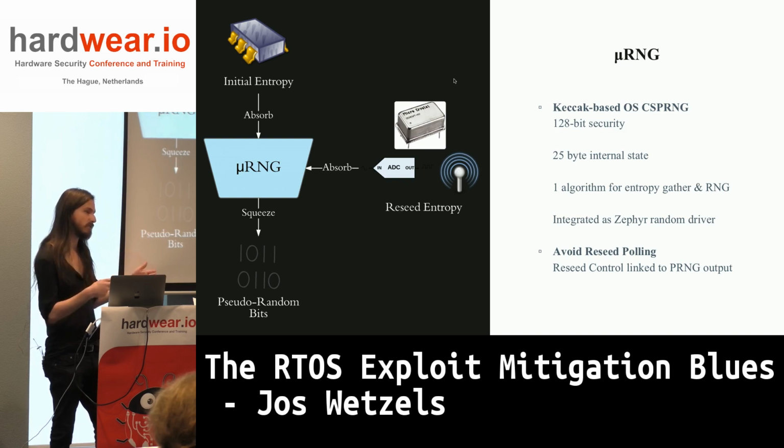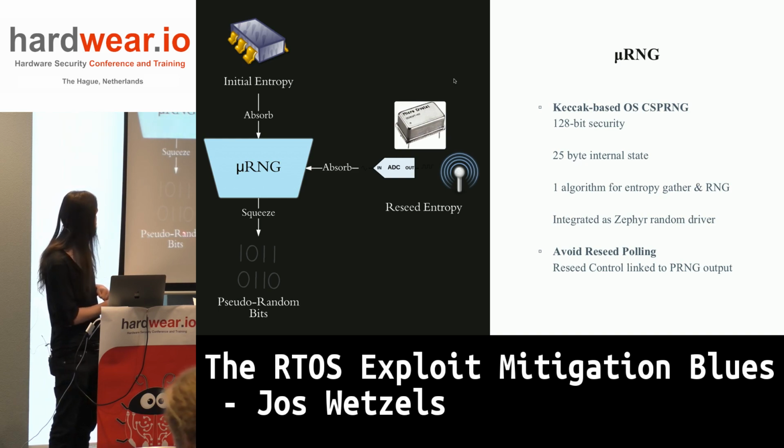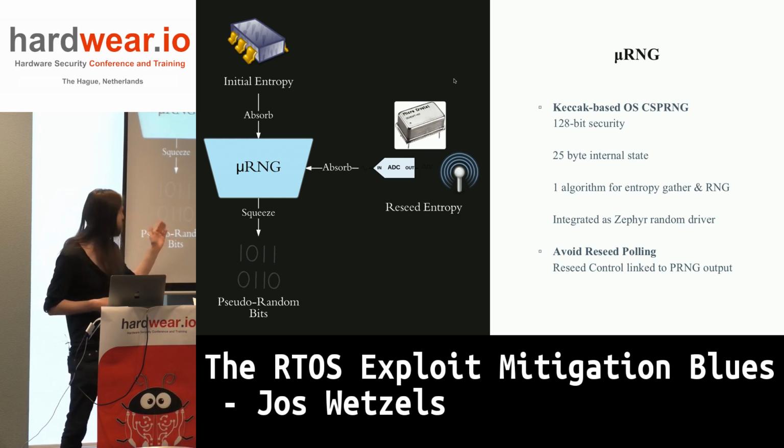Because it's a sponge-based algorithm, it uses one algorithm for entropy gathering as well as random number generation, so that limits the actual code size, and I integrated it as the Sapphire random number driver. As you can see here, it avoids the constant reseed polling by linking the reseed control to the actual output function, so actual runtime reseeding is only done at the moment that output is generated.